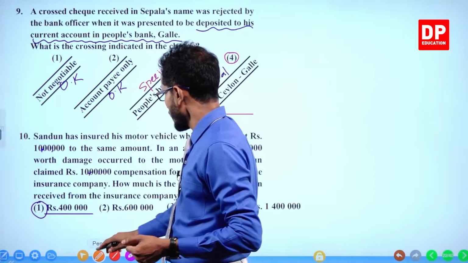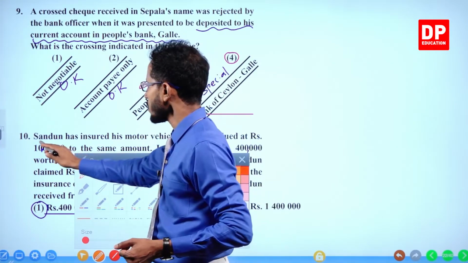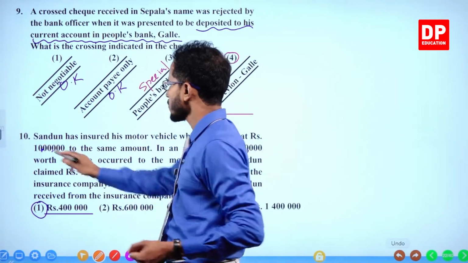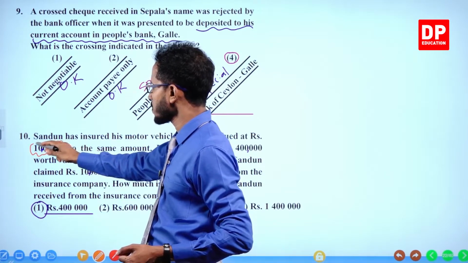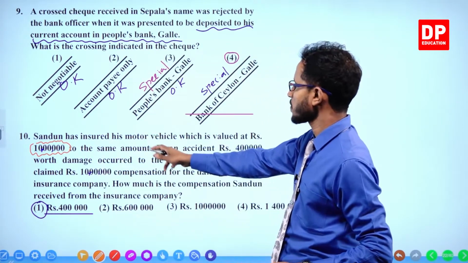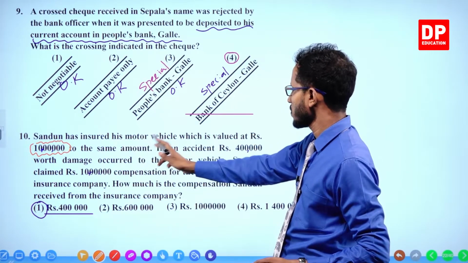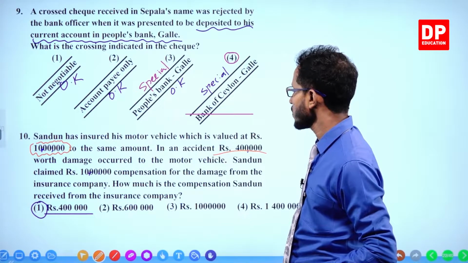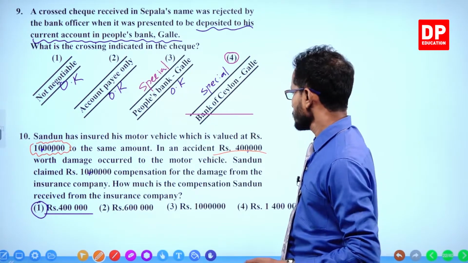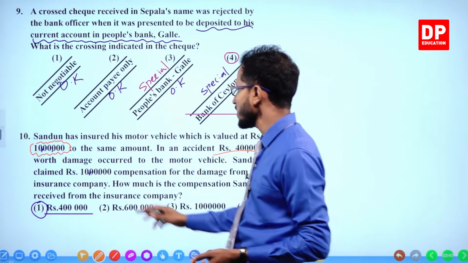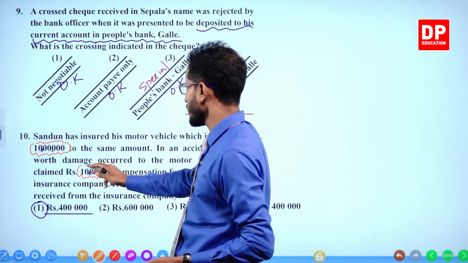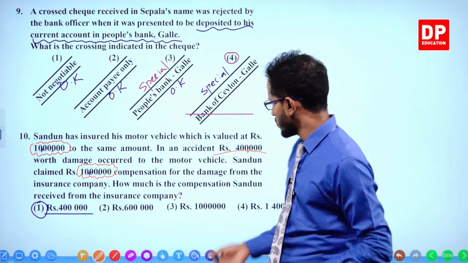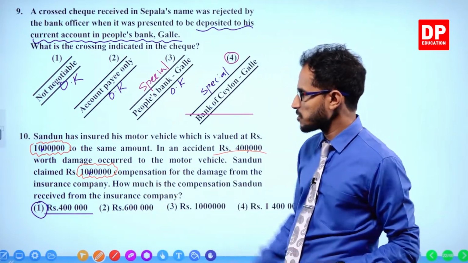And if your car is damaged in an accident, 400,000 worth of damage occurs. Sandun claims 1 million compensation. How can he get 1 million compensation? He cannot, because the damage is only 400,000. He will get only 400,000.